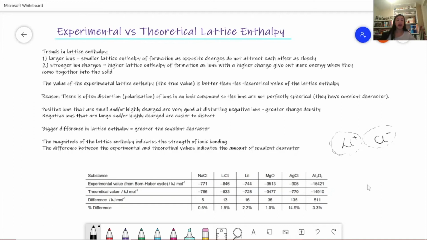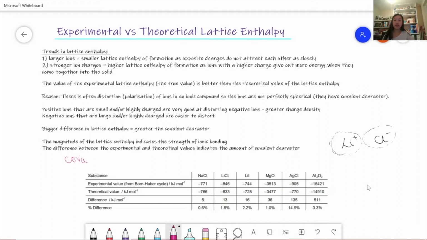So the ions are not perfectly spherical anymore, because all the electrons will be attracted more to the lithium plus. If we have a look at silver chloride, the difference is 14.9%, so that indicates it's got quite a lot of covalent character. So compounds with the most covalent character would be covalent structures.